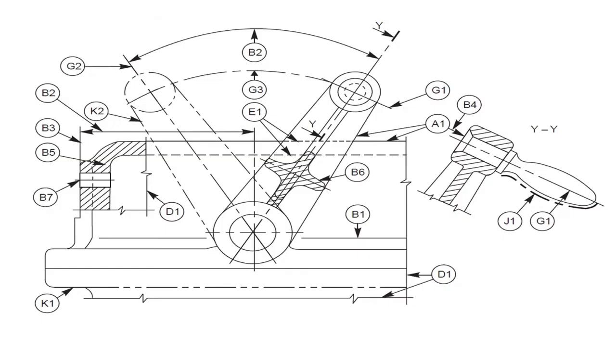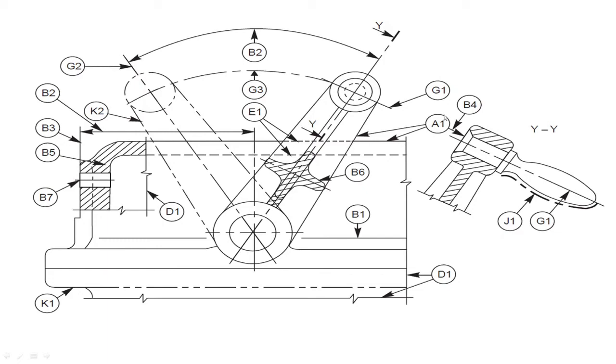Now just look at this diagram. This is one complex part of a machine, which is used to represent the application of different lines. It has been represented with A here. A means outer thick lines.